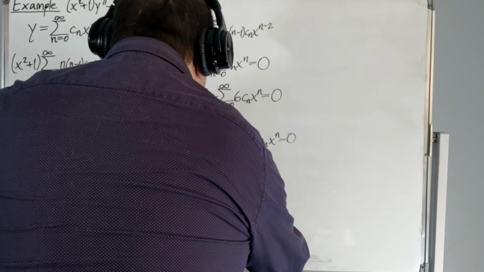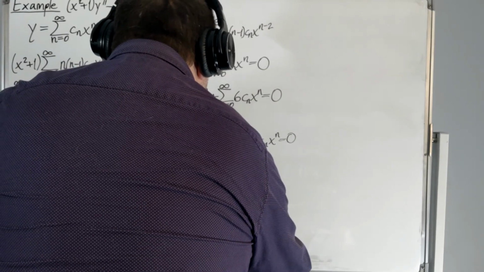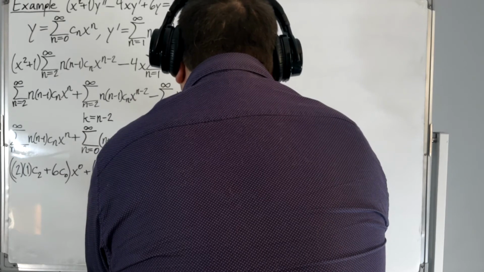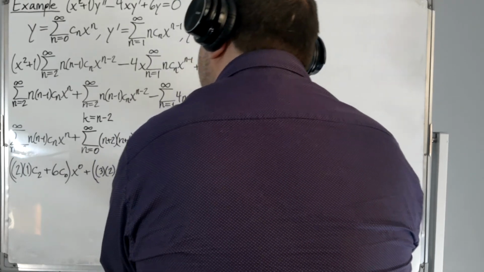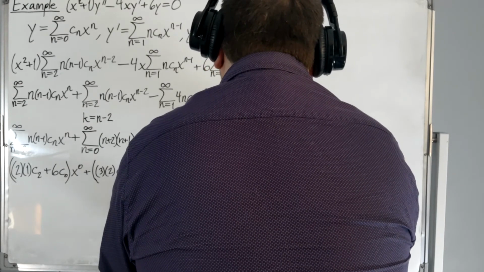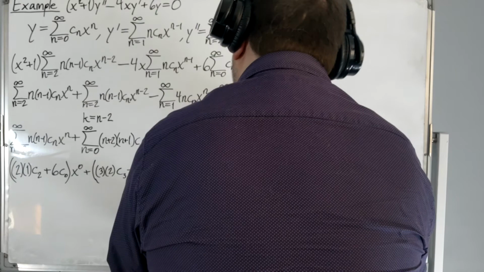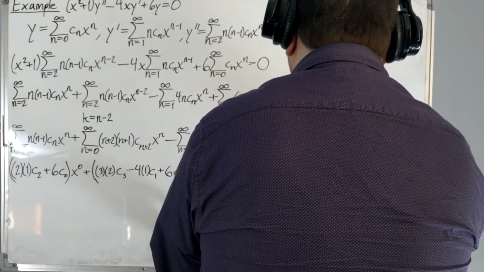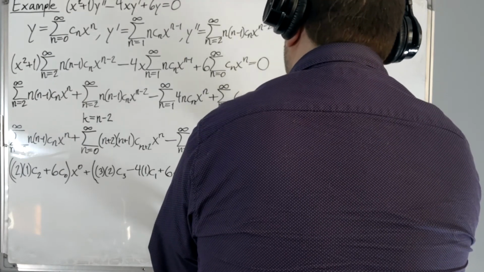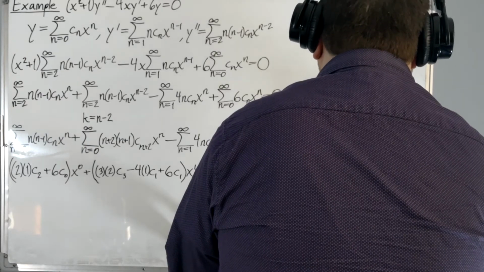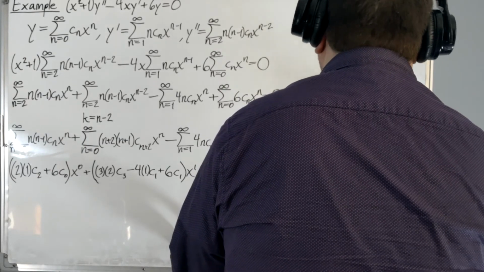So we get the sum from n equals 2 to infinity of [(n minus 1) c_n plus (n plus 2)(n plus 1) c_(n plus 2) minus 4n c_n plus 6 c_n] times x to the n. This all equals 0.